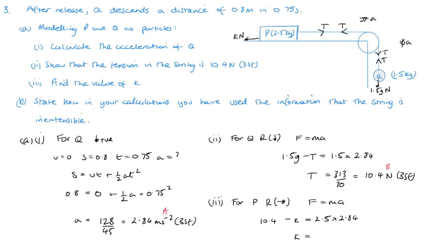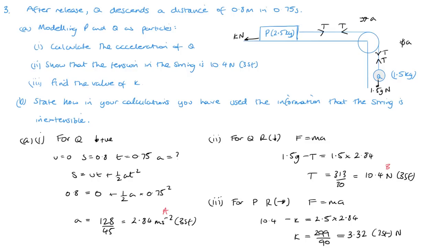So the 10.4 is at B, and then I will subtract 2.5 times A, my acceleration, and that gives me that K is 299 over 90, or 3.32 to 3 significant figures, and of course that's newtons. Okay, so that's all there is to that bit.